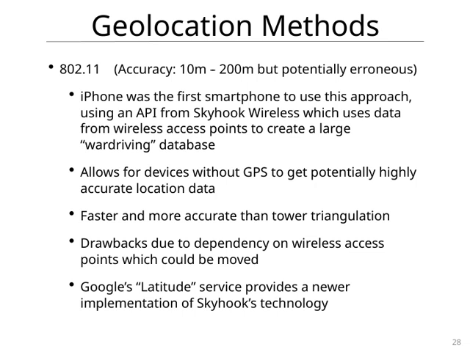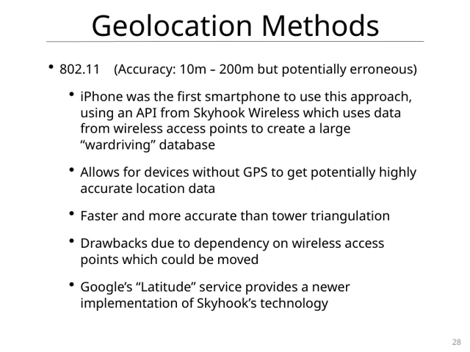This technology uses data from wireless access points to build a large, war-driving database, which essentially maps the locations of Wi-Fi networks across different areas. This method allows devices that don't have GPS capabilities to determine their location with potentially high accuracy, which is a huge advantage. It's also faster and often more precise than traditional tower triangulation used in cell networks.